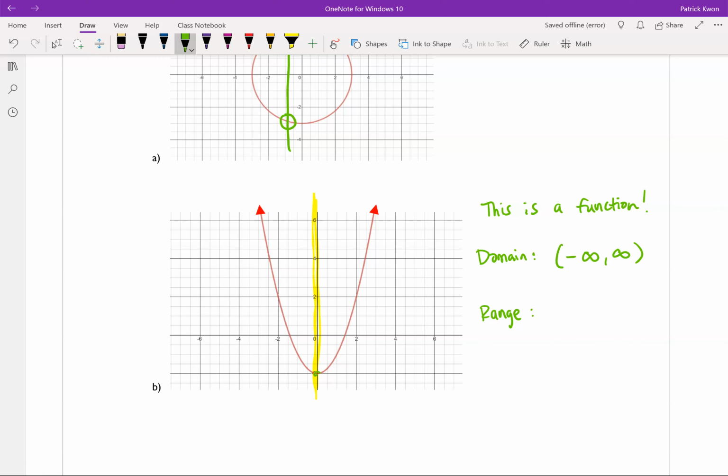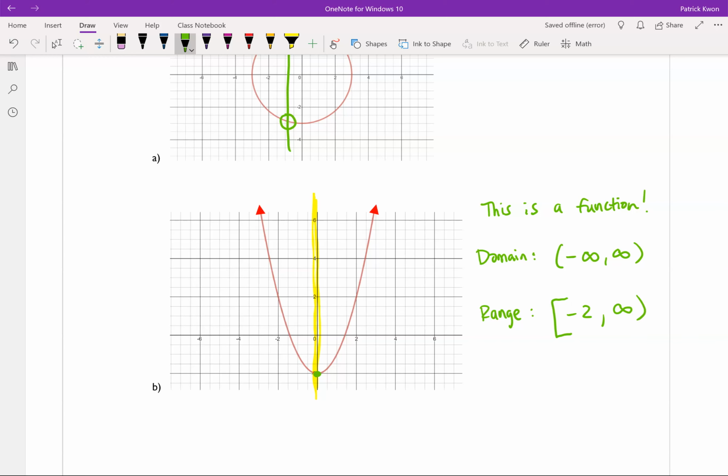Notice it stops here at this point, and the y value is -2 there. And because our graph contains that point, we're going to use a bracket. So it's going to be -2, and then it goes up from there to positive infinity, like that, and we're going to put a parenthesis there.